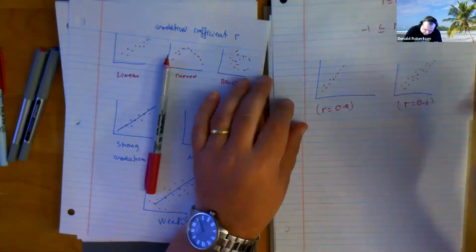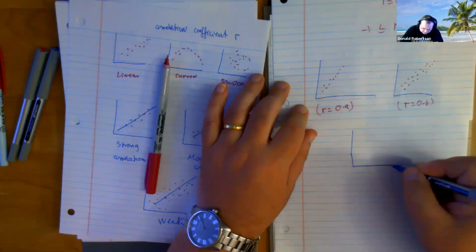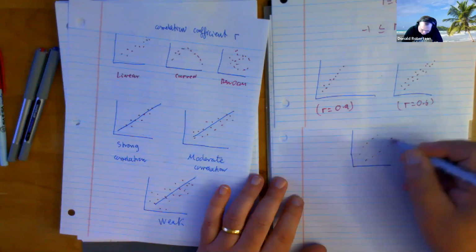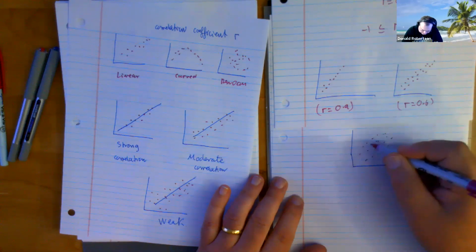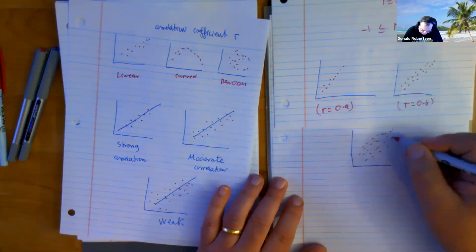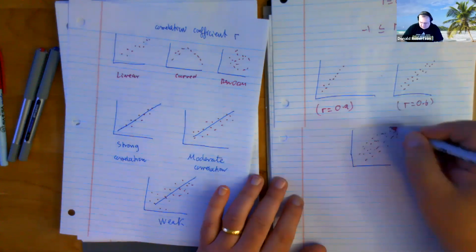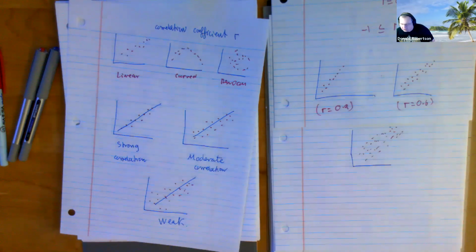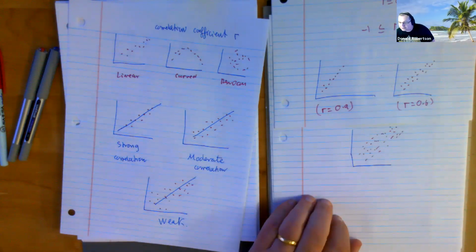If you get kind of the next level, can you imagine one that's just about linear? Right, I mean, it still has that linear shape to it, but you agree the dots are like all over the place.